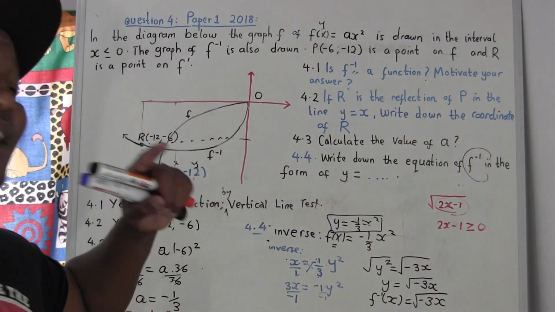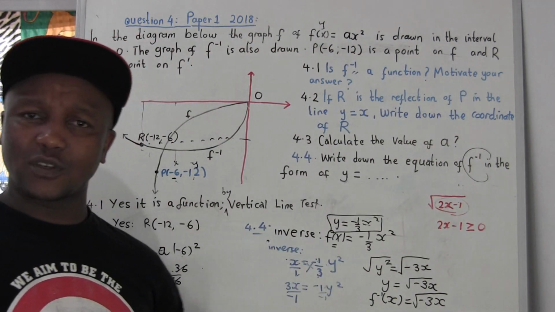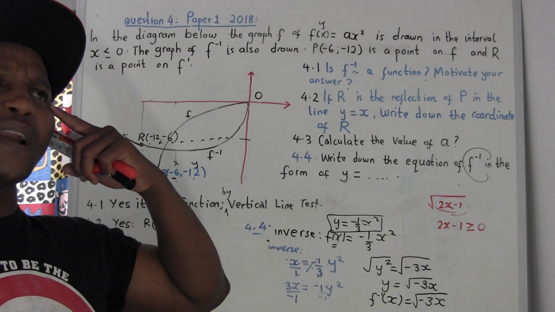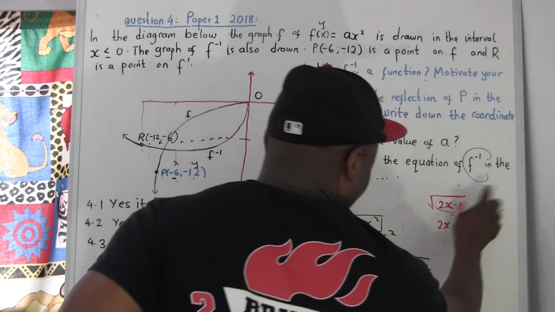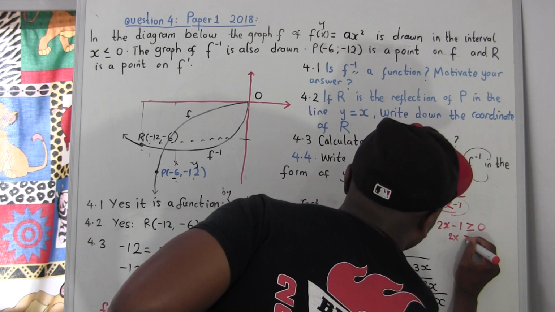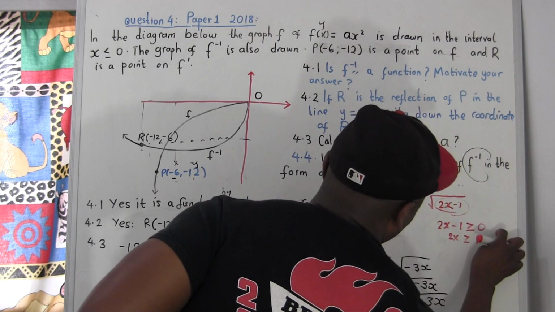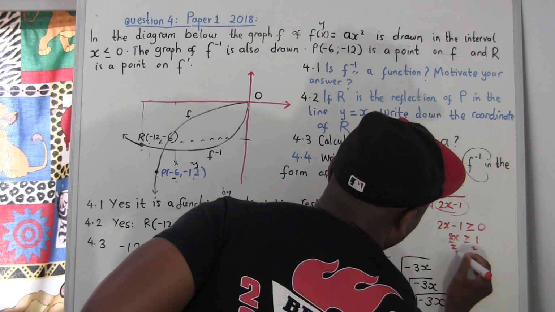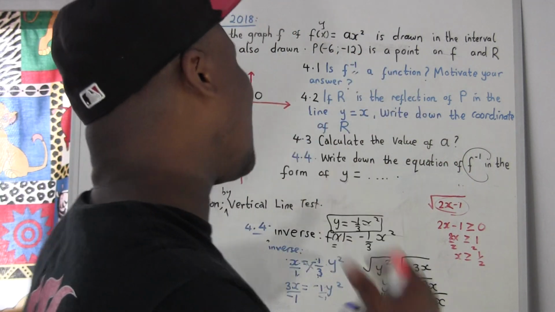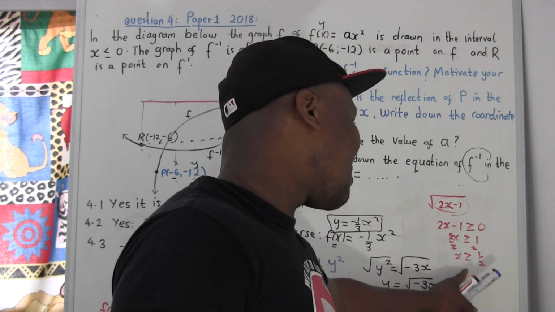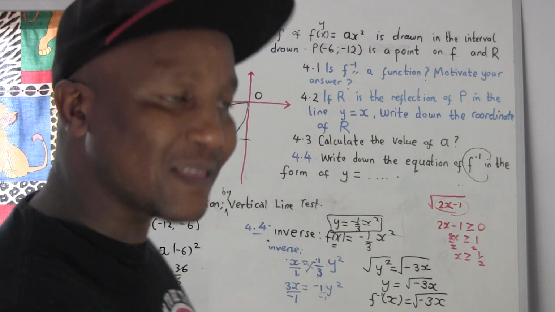Don't just say x must be some particular number. So 2x is greater than or equal to 1, divided by 2, so x must be greater than or equal to half. That's your domain. For this function to be defined, x must be greater than or equal to half.